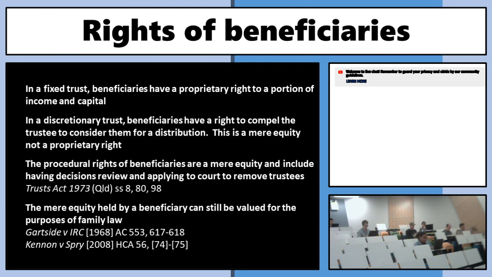It's a really important distinction. In a discretionary trust, as a beneficiary, you only have the right to be considered for distribution. You don't have a right every year to get the stuff, to actually get the income or the capital. In a fixed trust, you do. It's a proprietary right.